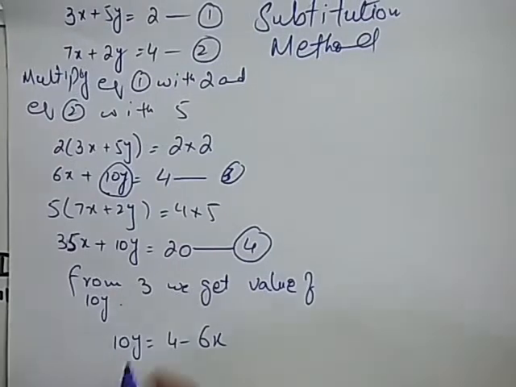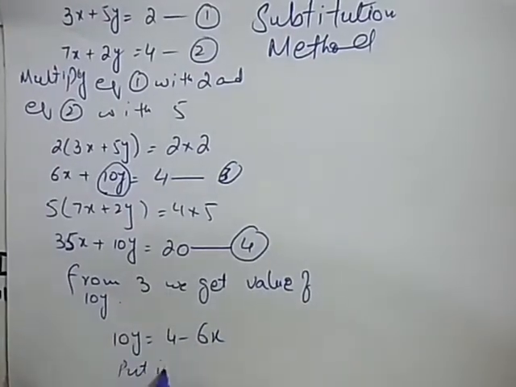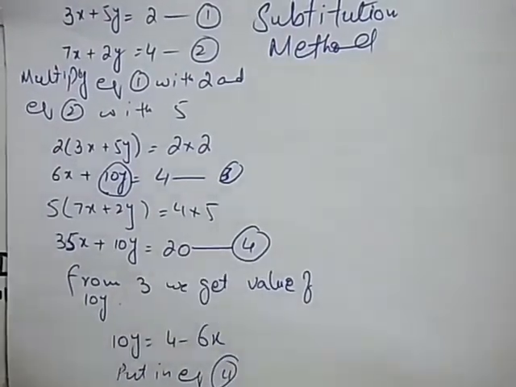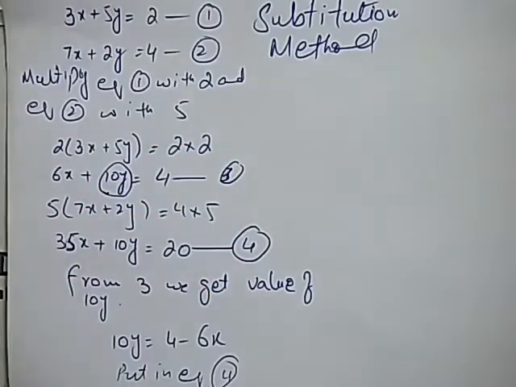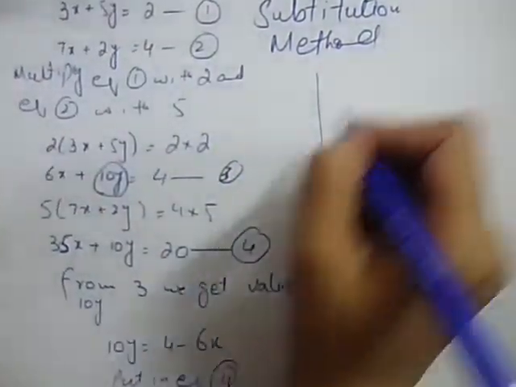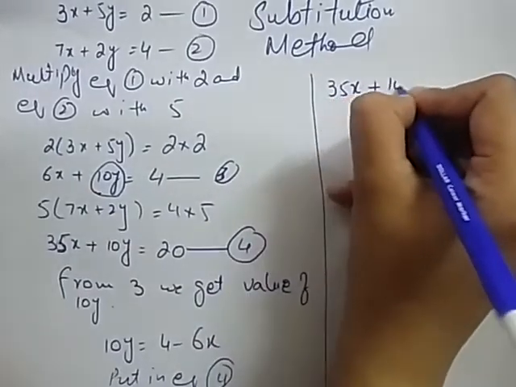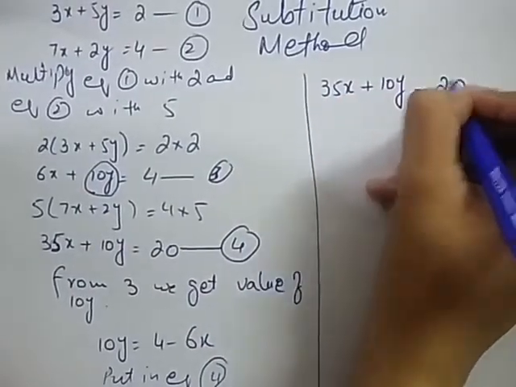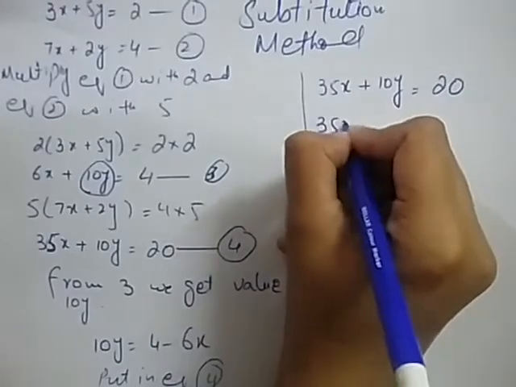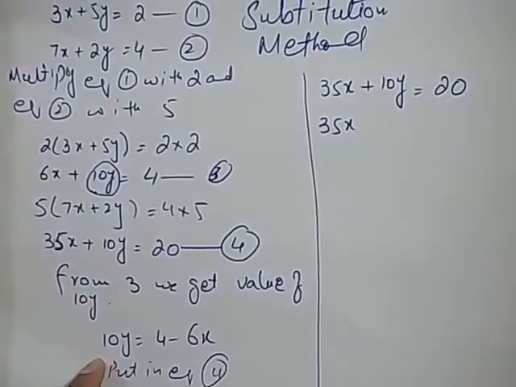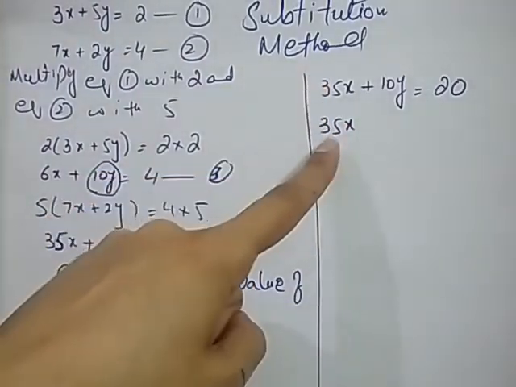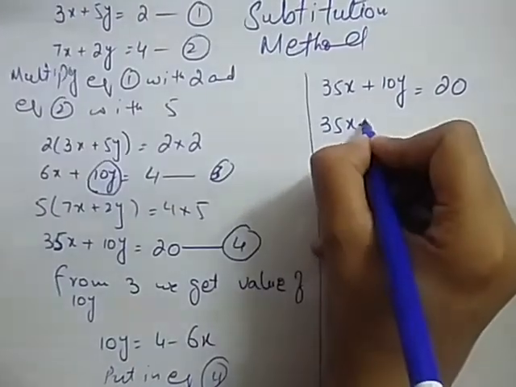So put it in equation 4. First of all you must write the equation first. What was equation number 4? That is 35x plus 10y is equal to 20. Now as we got the value of 10y, 35x will remain the same, this plus will remain the same.